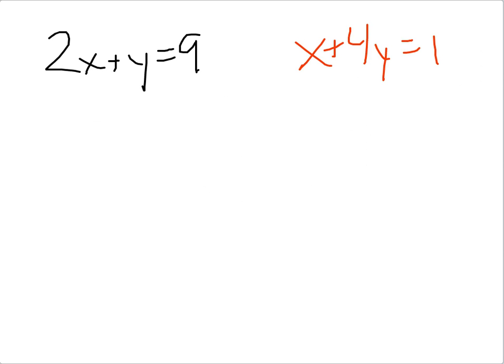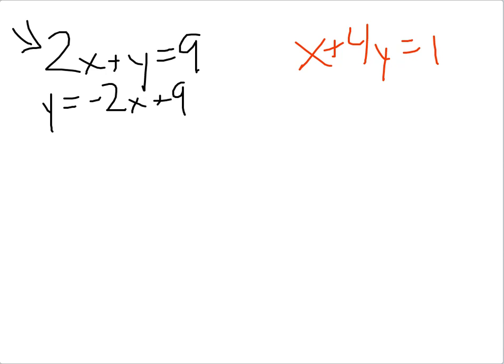So if I have this system of equations, 2x plus y equals 9 and x plus 4y equals 1, I can solve for either x or y, and so I'm actually going to solve this first one for y, since y doesn't have a coefficient, and I get y equals negative 2x plus 9.